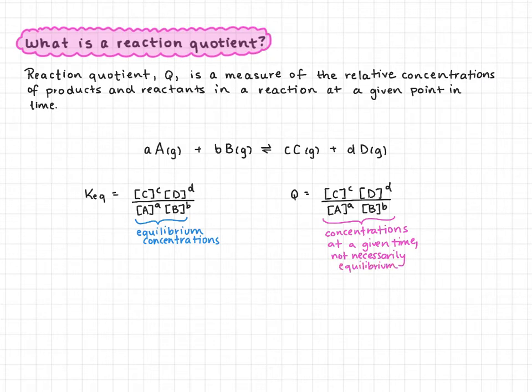And so we can compare Q and K to determine which way a reaction will proceed to get to equilibrium.